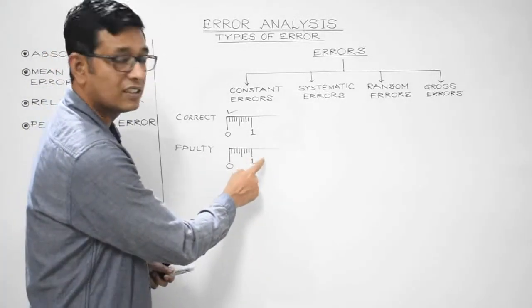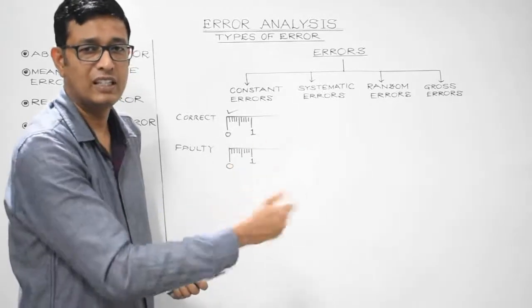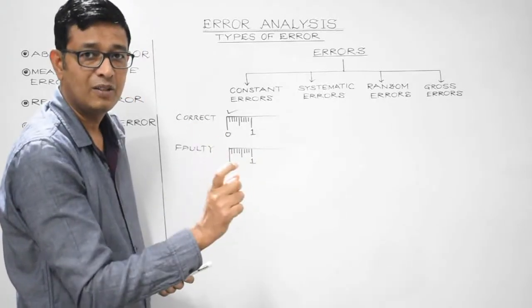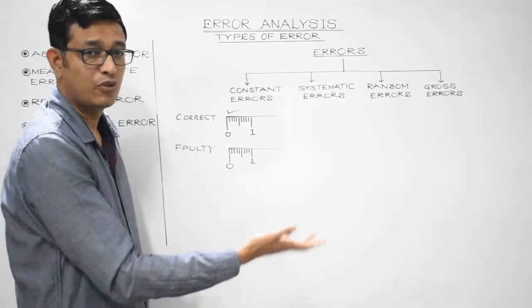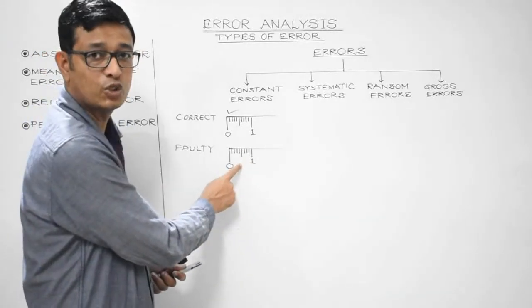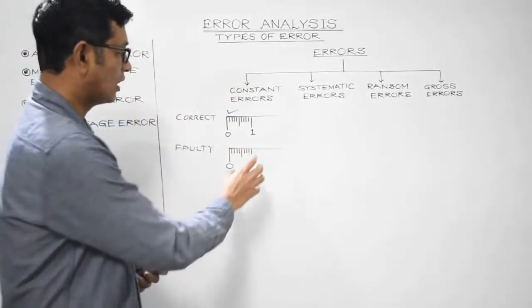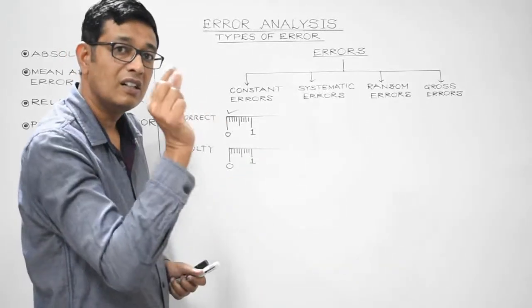So if we use this instrument while measuring the length of any given object, then it will always show an error by the constant amount. So that error which we will obtain using this instrument time and again is known as a constant error, because whatever will be the experimental or measured value, that will always have a constant error.